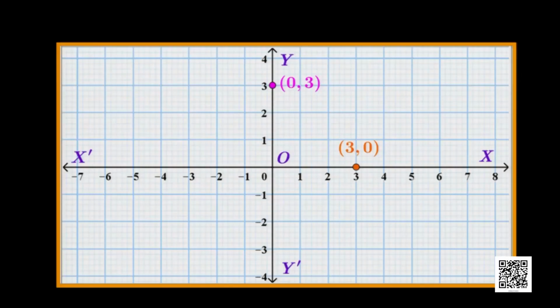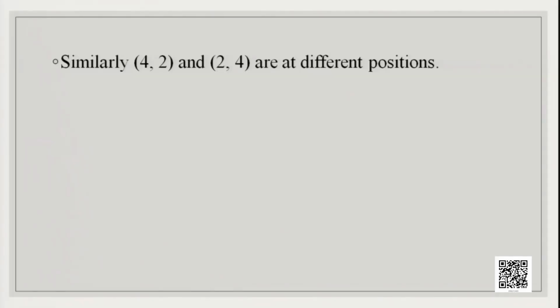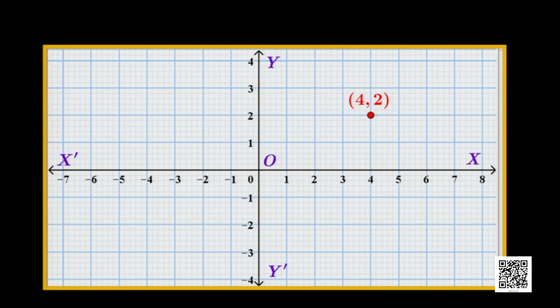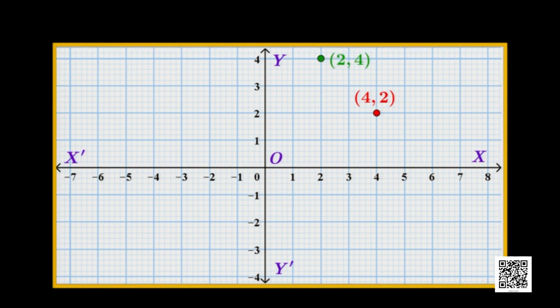So (3, 0) and (0, 3) are at different positions. In the same way, you may see that (4, 2) and (2, 4) are also at different positions.